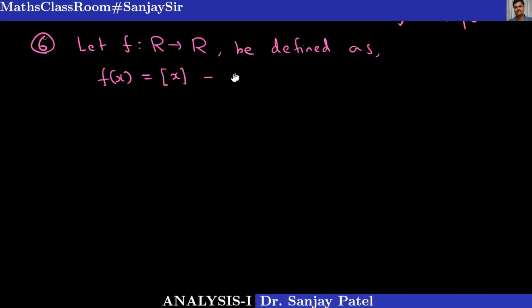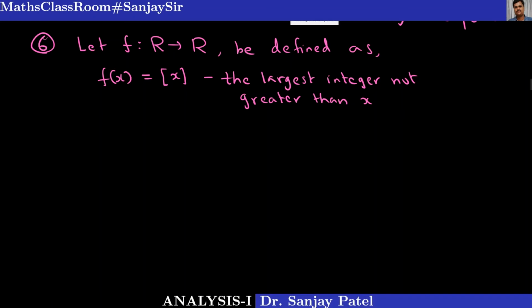The meaning of this is the largest integer not greater than x. So this is a very interesting example. Largest integer not greater than x. You know the meaning of bracket x.